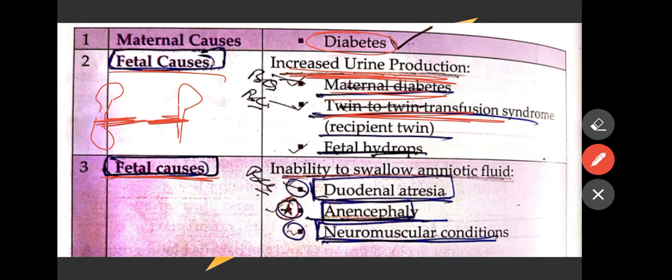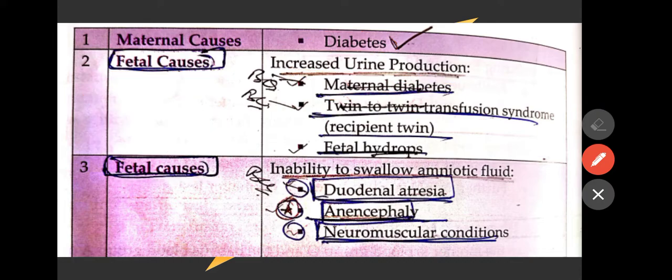One fetus will be polycythemic and the other will be anemic, and one will be polyhydramnic and the other will be an oligohydramnic baby. So this is twin to twin transfusion, when both twins share the same distribution of blood.